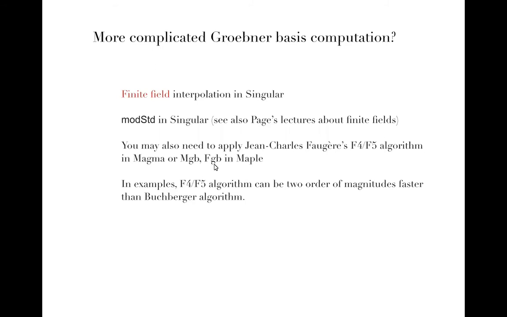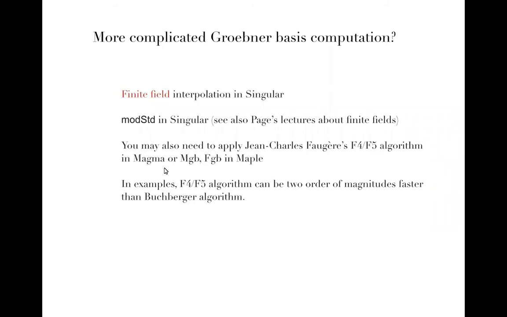One thing quite easily accessible would be the MGB. That is the F4 algorithm implemented in Maple for Gröbner basis computation. Or you can try the Magma program, with a very good, maybe the fastest implementation of the F4 algorithm for Gröbner basis.